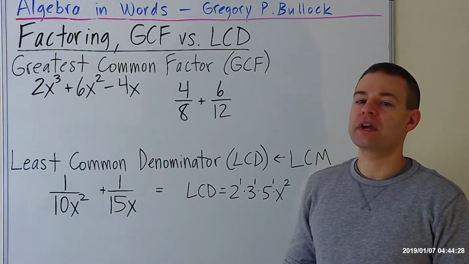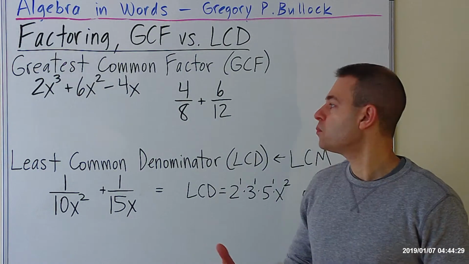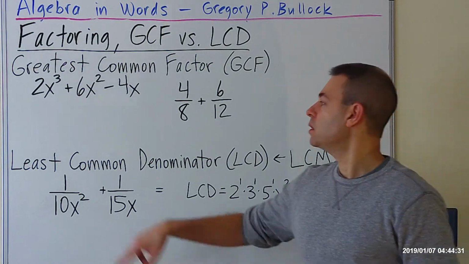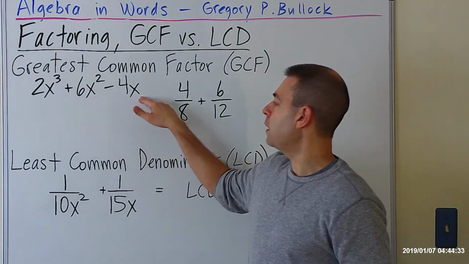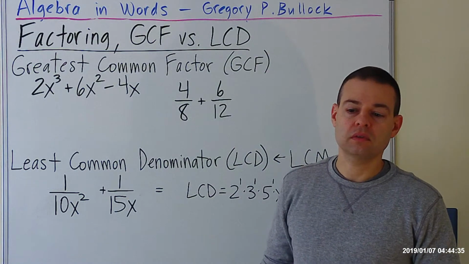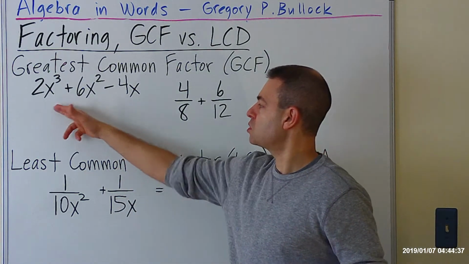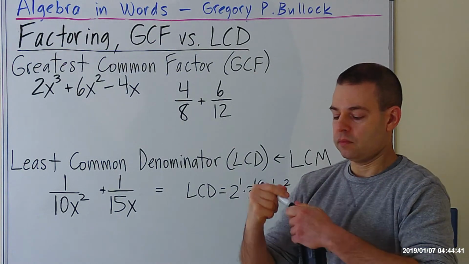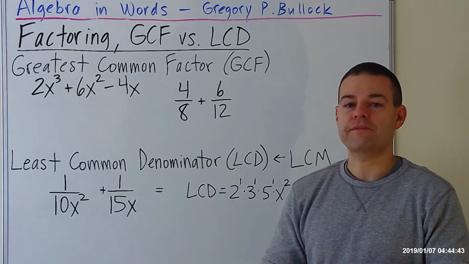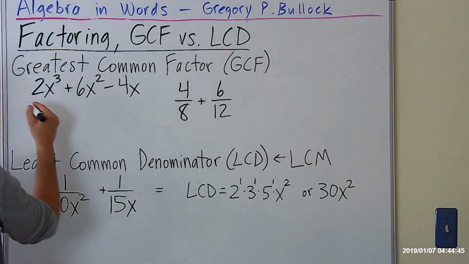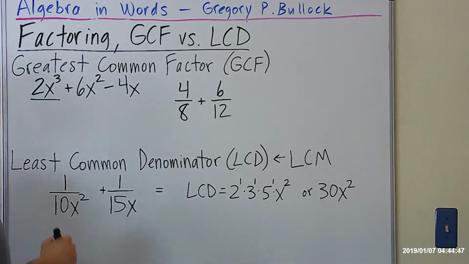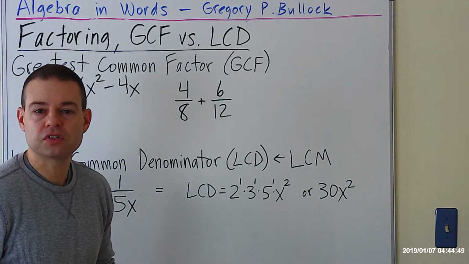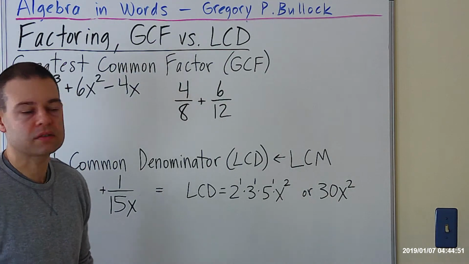Because it's the greatest term or group of factors that you can divide out of each of these terms to simplify the entire expression. As we said, the GCF is 2x. So let's show factoring out the GCF by dividing 2x out.